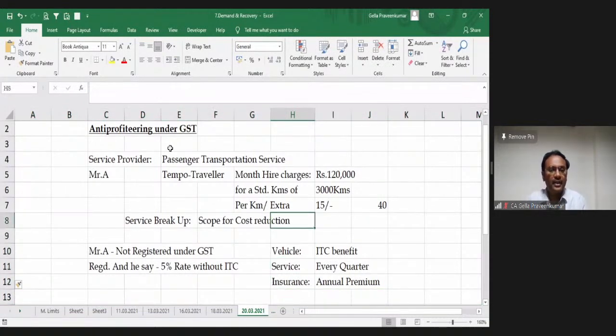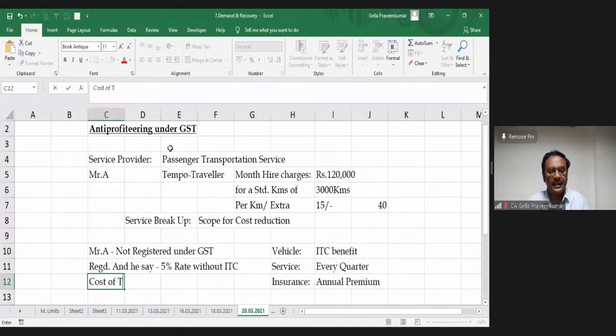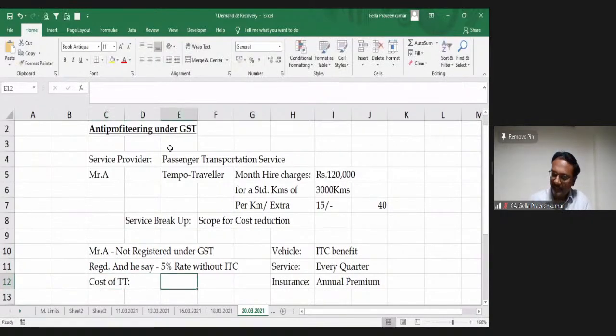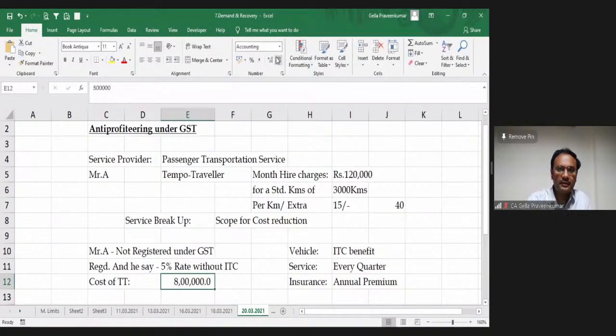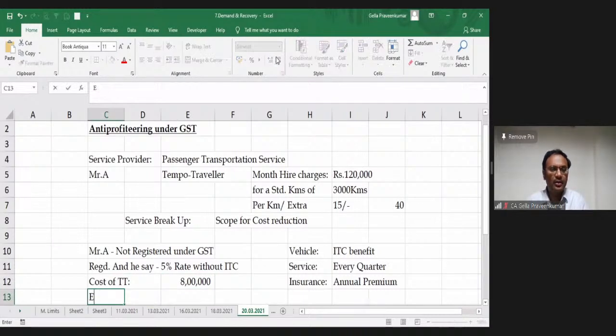Now here, if you look into the costing, when you go in depth of analysis, he'll say, the cost of TT, my cost of TT is say 8 lakhs. This is the cost of the tempo traveler. Now, assuming all furnishings, extra fittings, and on-road cost.